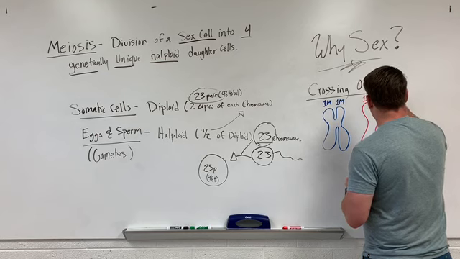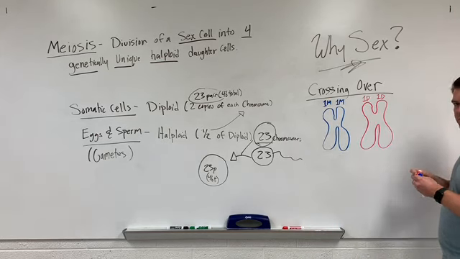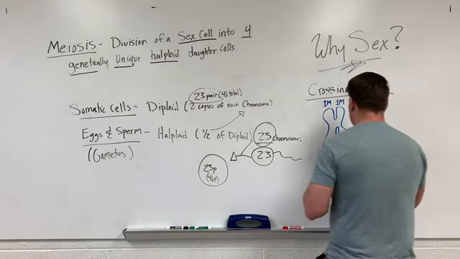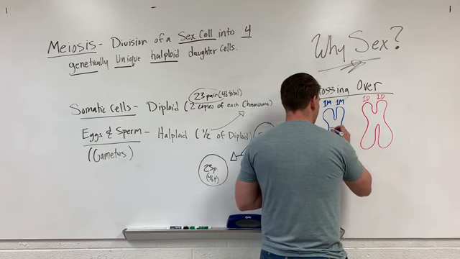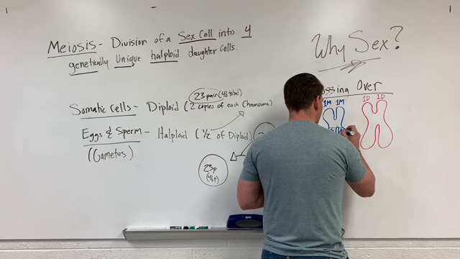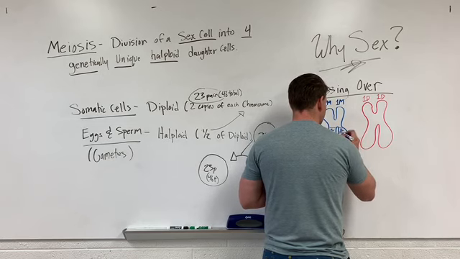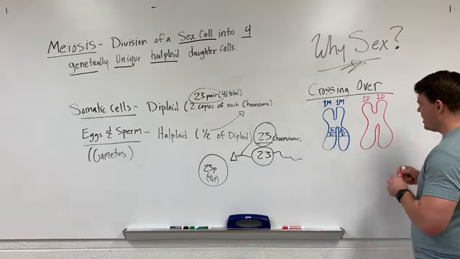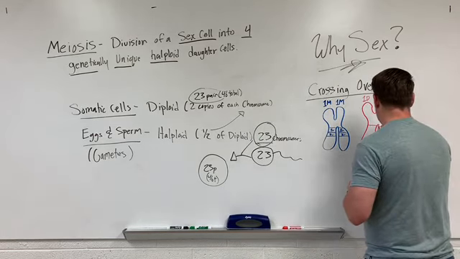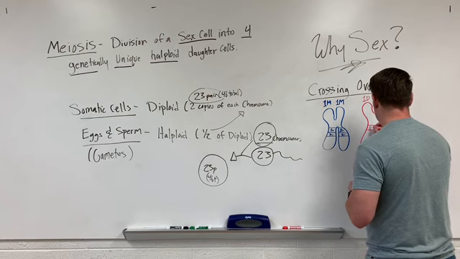So we've made our exact copy, once again, chromosome 1 from dad. And if I remember right, in what we talked about last time, mom had brown hair and brown eyes. So we're going to put those codes in here. And dad had blonde hair and blue eyes.